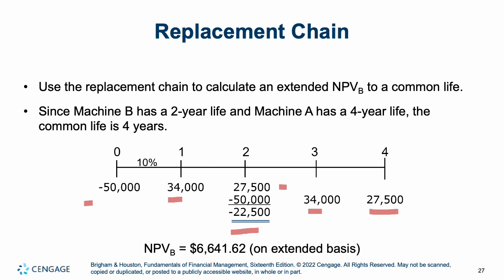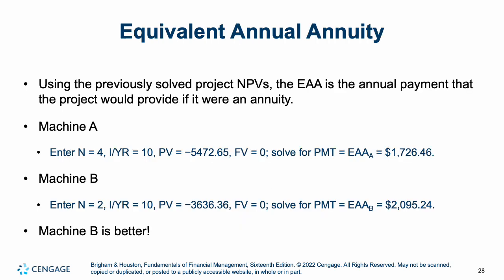So now we're looking at both of them on a 4-year basis. If we want to find the equivalent annual rate, we would find what's called the equivalent annual annuity. We're going to want to use Excel to do this as well. We're solving for payment in both of these. Your function is going to be equals PMT.